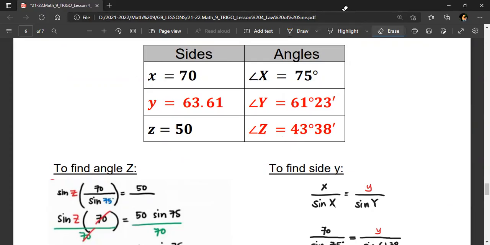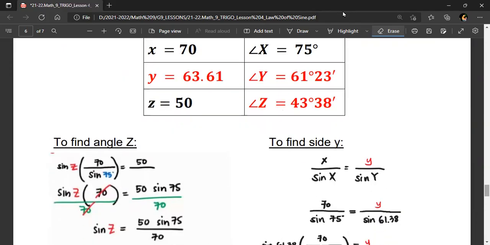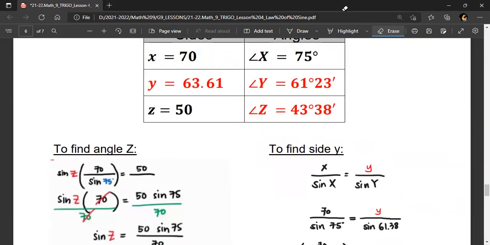Thus, we could not actually easily get the sides yet. Now, for us to start with, we could use the angle and side that are given. If you notice over here, side X and angle X are complete.